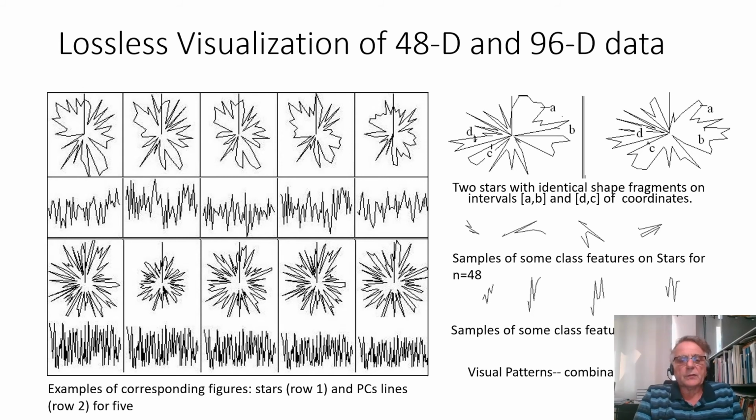So you can see here the first row with what we call the stars, and the second row is for parallel coordinates, and you can see that people were able to find patterns in the first one, such as presented on the right, and it was much more difficult for them to discover patterns in parallel coordinates.